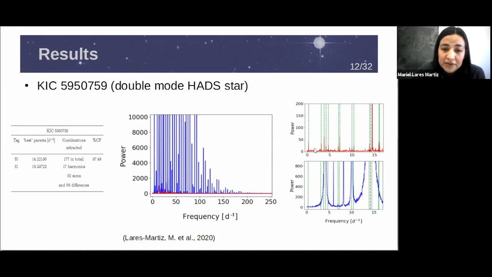In a power spectrum, over a power value of around 12, if these peaks are over 12, which they are, I consider them to be detected.